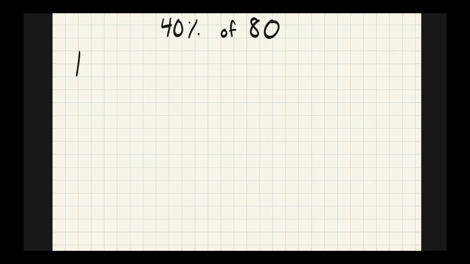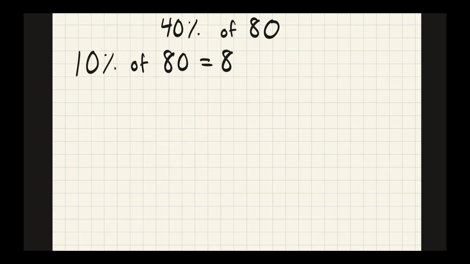So 10% of 80 equals 8. And we know that because it's basic math. 80 divided by 10 is 8. So once we know that 10% of 80 is 8, now we can easily find 40%.